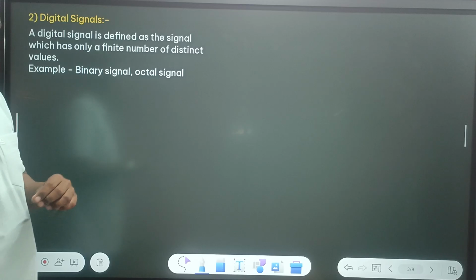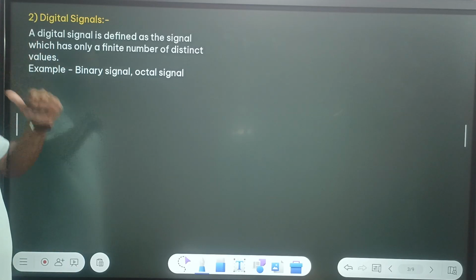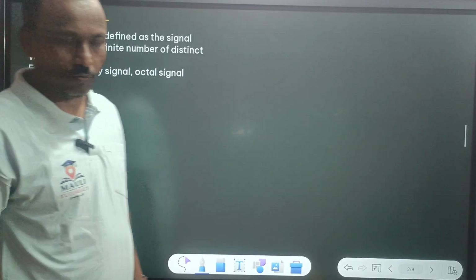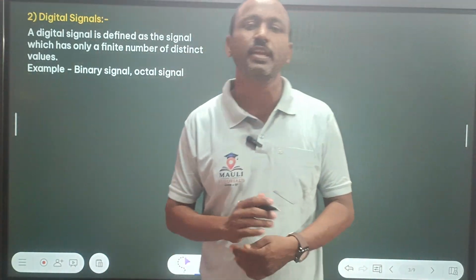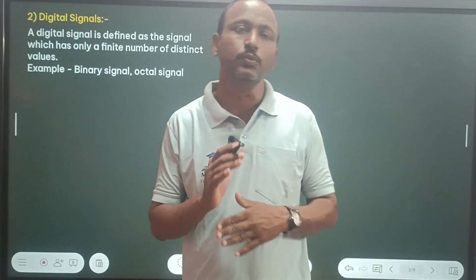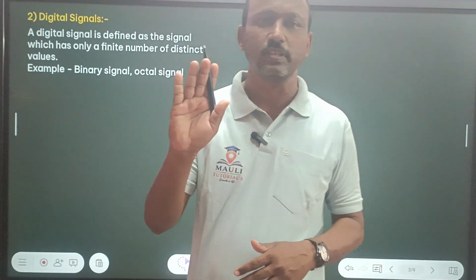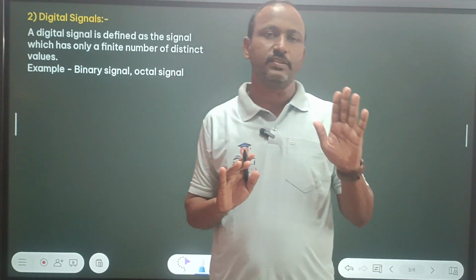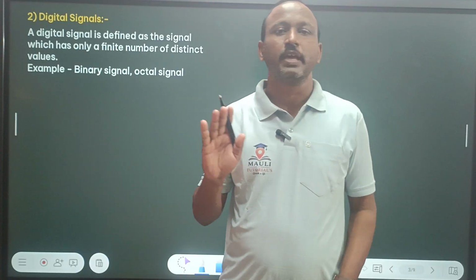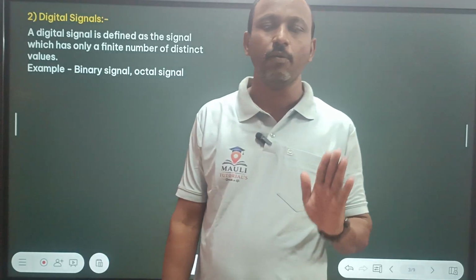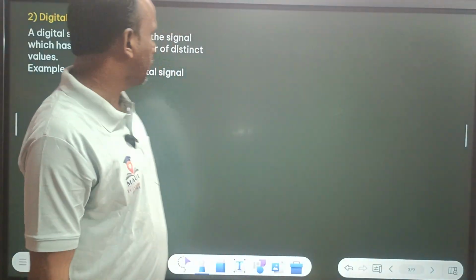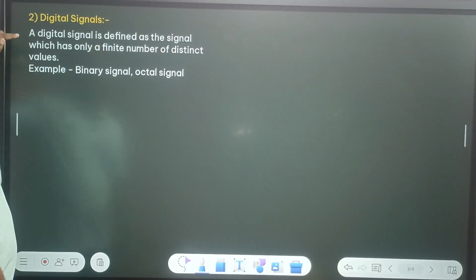Analog signal has infinite number of values, then digital signal has finite number of values. If someone asks what is the difference between the analog signal and digital signal, then we use these 2 points. Analog signal has continuous values, digital signal has discrete values. Analog signal has infinite number of values and digital signal has finite number of values.